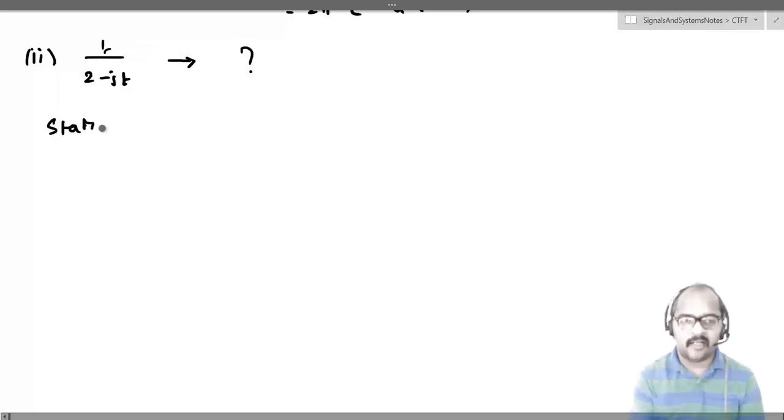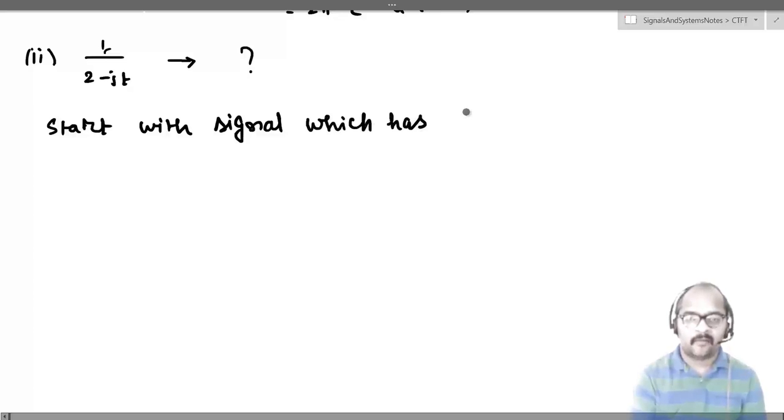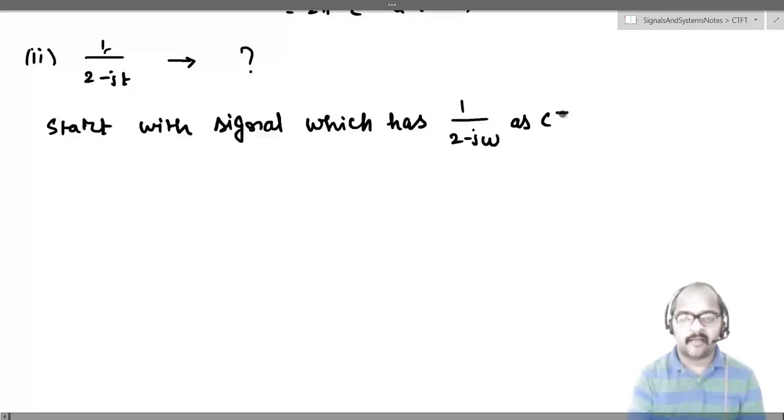Start with the signal which has 1 by 2 minus j omega as CTFT. You have to start with the signal which will have 1 by 2 minus j omega as the CTFT. So which signal will have 1 by 2 minus j omega as a Fourier transform? We have already seen that.